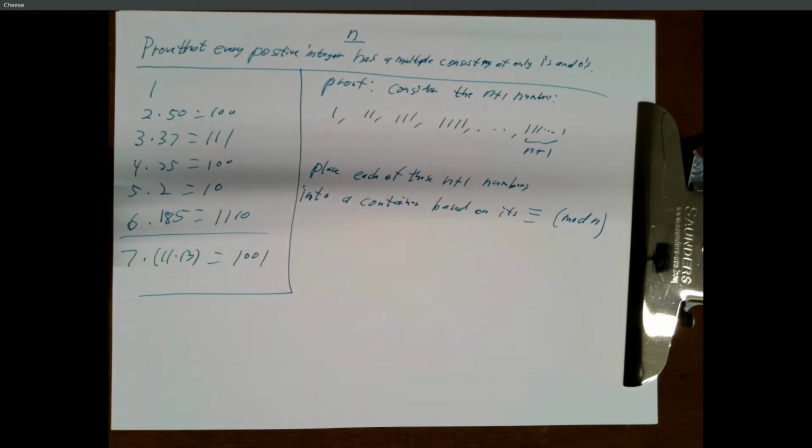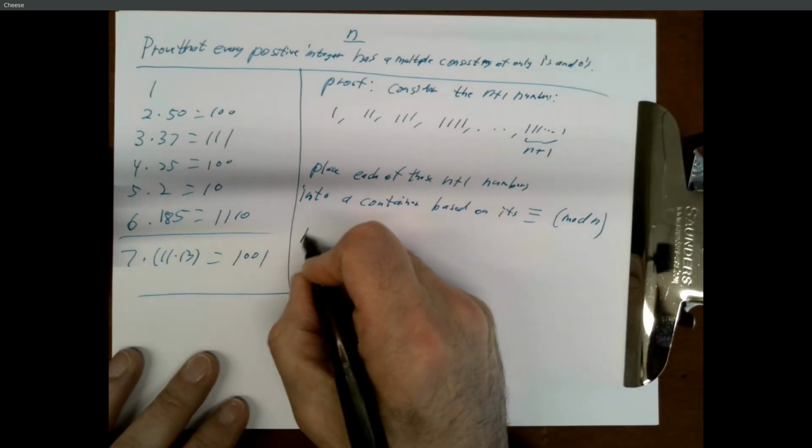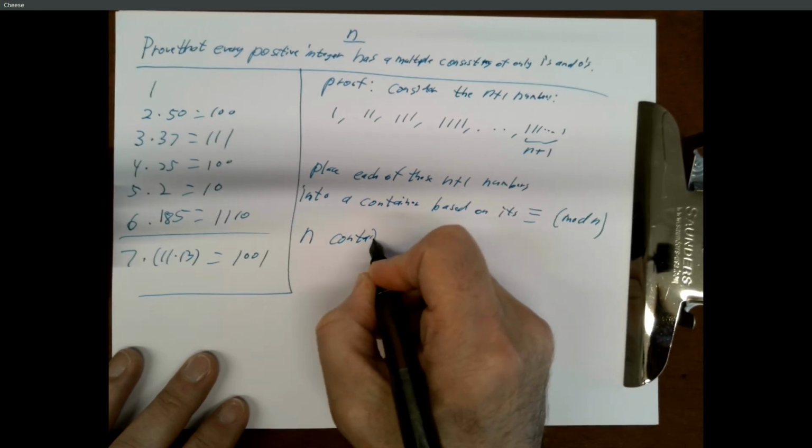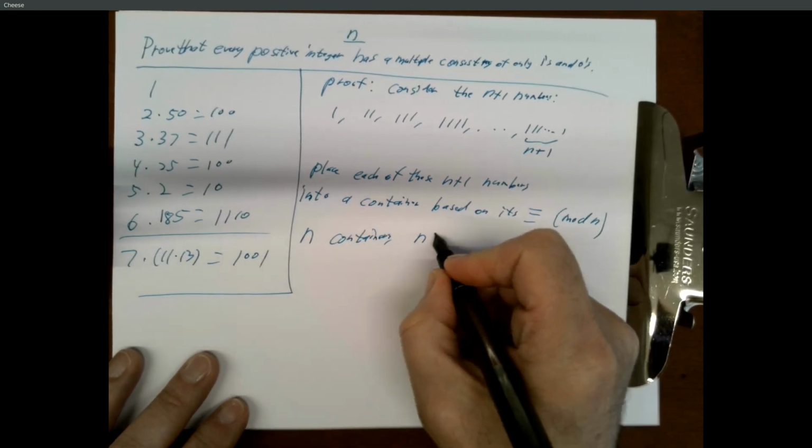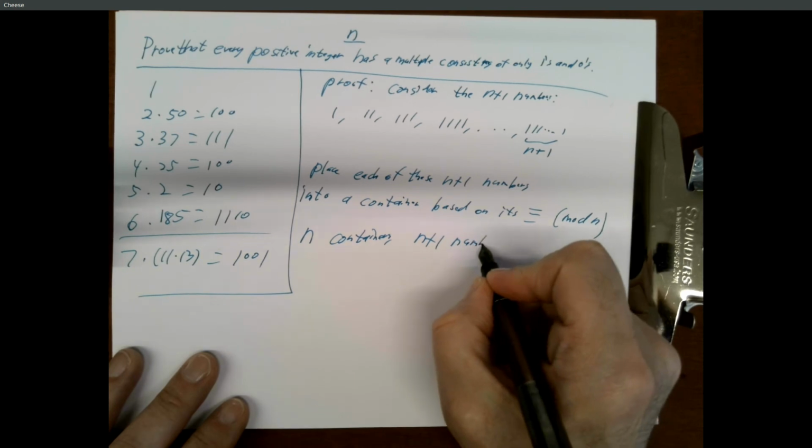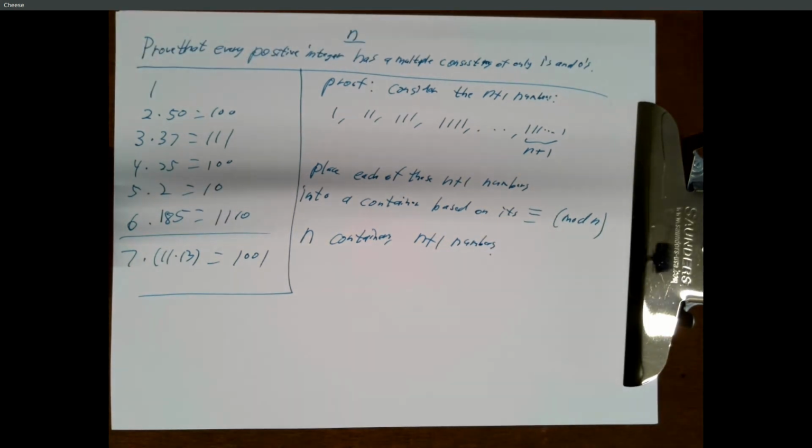There's n possible things you're congruent to mod n. Mod 3, you're congruent to 0, 1, or 2. Mod 5, you're congruent to 0, 1, 2, 3, or 4. Okay, so we have n containers, and we are placing n plus 1 numbers into those n containers. Pigeonhole principle kicks in and tells us at least one container has at least 2 numbers in it.